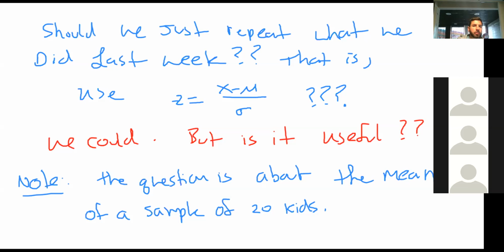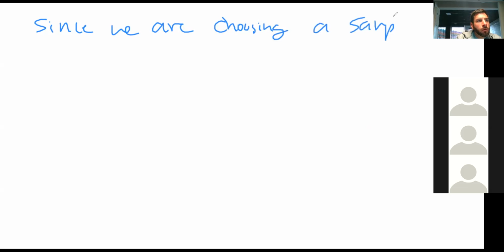And so since the problem is asking us to look at a sample of a larger group, we're not looking at all children between 2 and 5. We're selecting a sample of that. We're selecting 20. So again, let me make this clear.